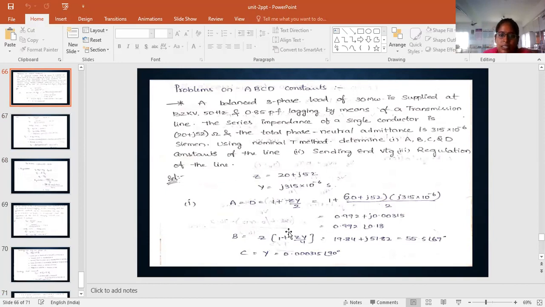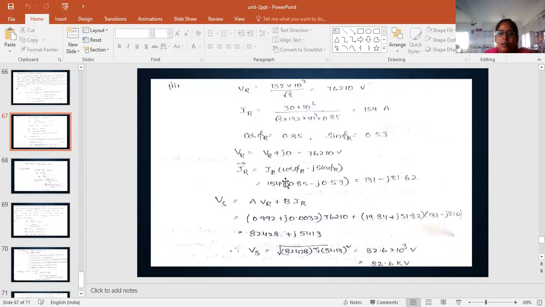And next one, by using the nominal method we can find out the IR value. IR equal to P by VR cos phi r, and the two-port network expression is Vs equal to A into VR plus B into IR. We can easily find out by using this formula, substituting the A value and the VR value, converting complex to polar or polar to complex.